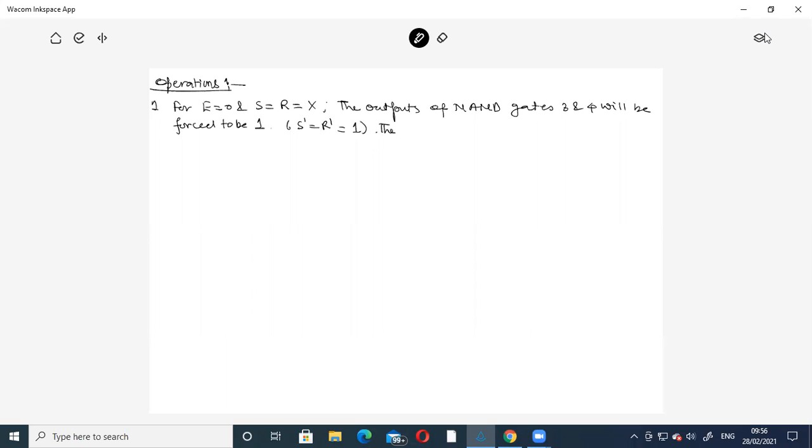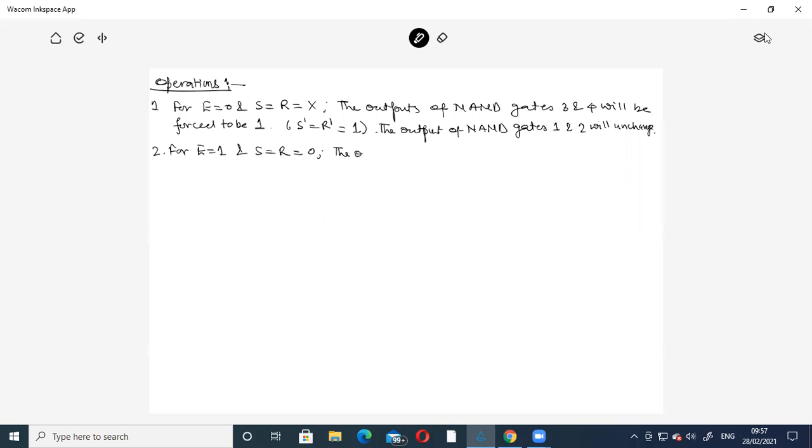The output of NAND gates 1 and 2 will be unchanged. The second point is for E is equal to 1, and S is equal to R is equal to 0.